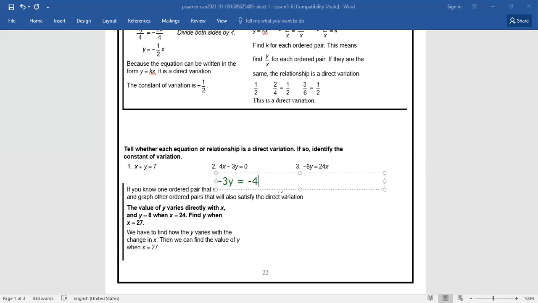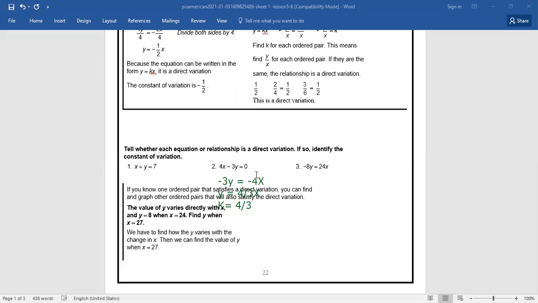So we divide negative 3 by negative 4. Then the value of y equals 4 over 3 x. So this one is a direct variation. And what is the value of k? 4 over 3. Thank you so much. So the value of k equals 4 over 3.